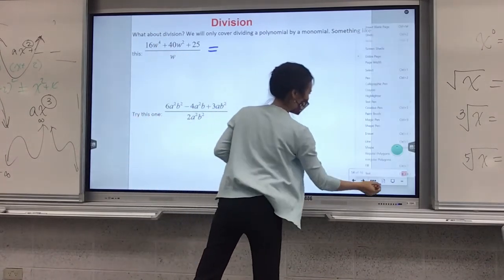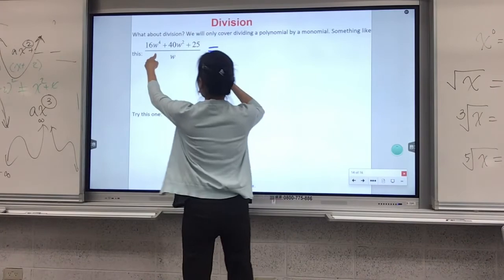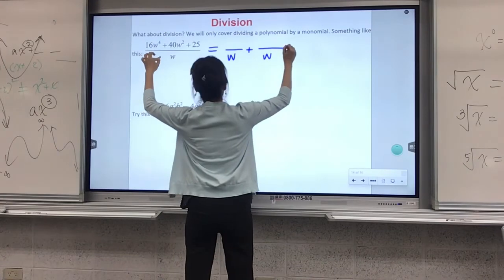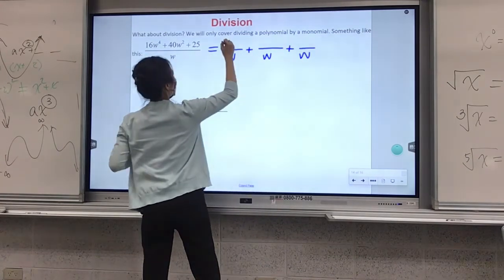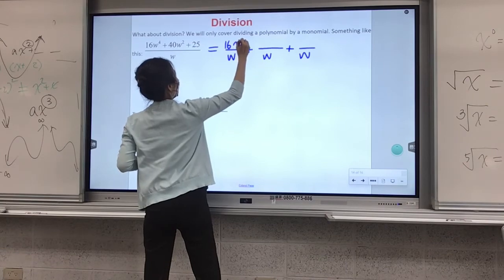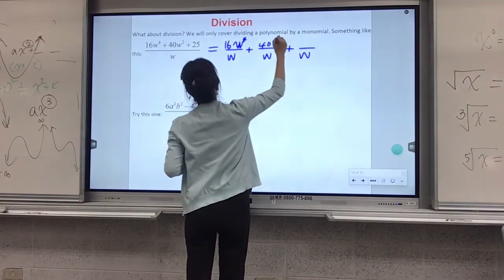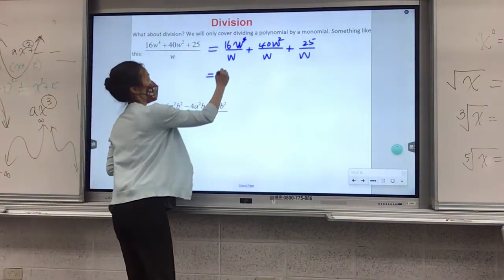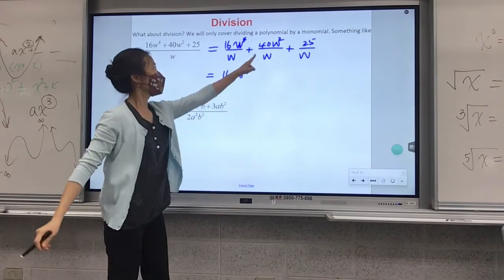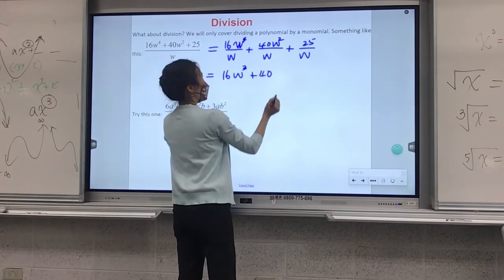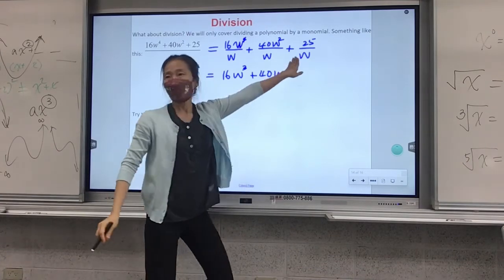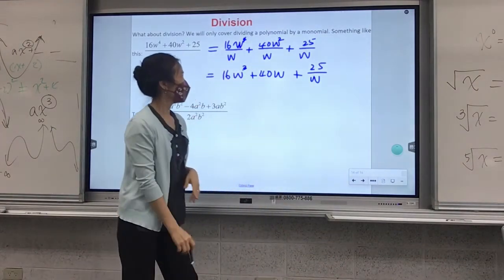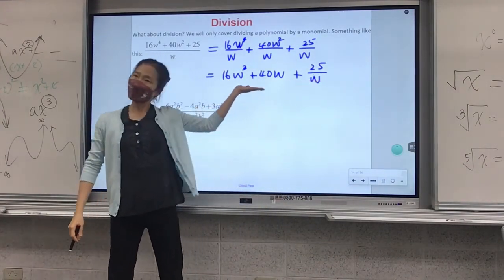So remember, this is a common denominator, so every single term needs to be divided by W. Now you can divide. 16W cubed plus 40, 2 minus 1 is W. We are going to keep this as 25 over W. After I divide, is this still a polynomial?